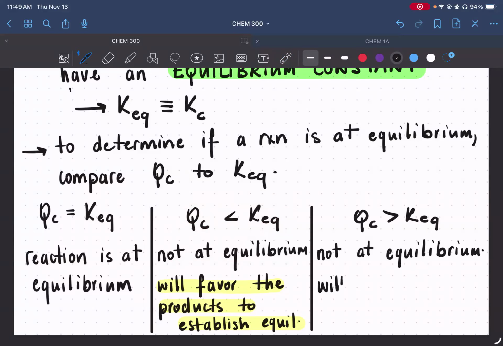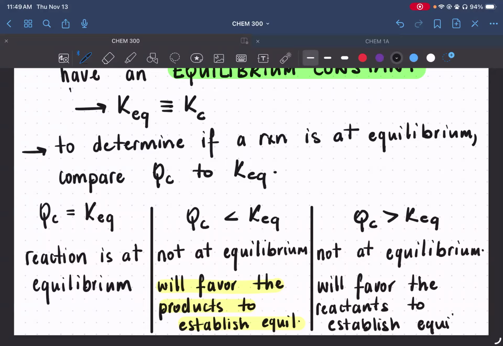And this time, you will actually favor the reactants to establish equilibrium. Again, we don't know exactly what that means to favor. We'll talk about that in just a few moments.